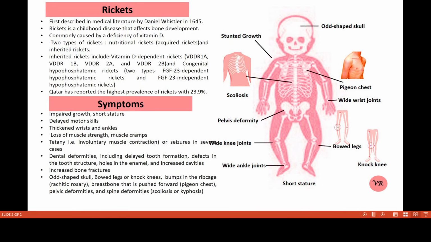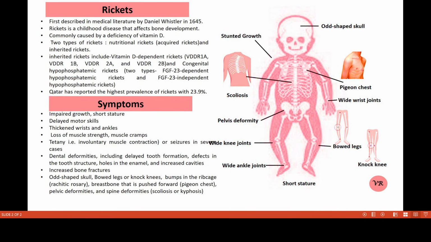In the US, vitamin D milk fortification was started in the 1930s. African, Middle Eastern, and Asian countries have a wide prevalence rate of 10% to 70%. Qatar has reported the highest prevalence, with a staggering 23.9% of children affected with rickets.